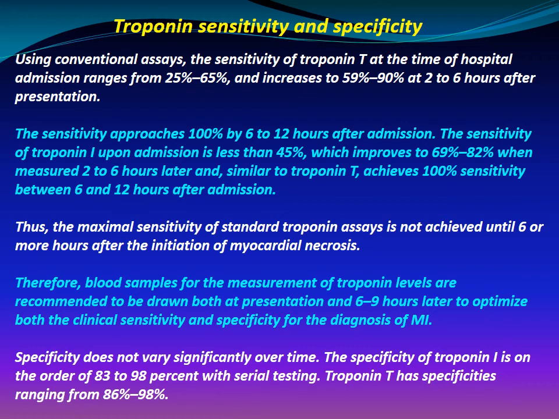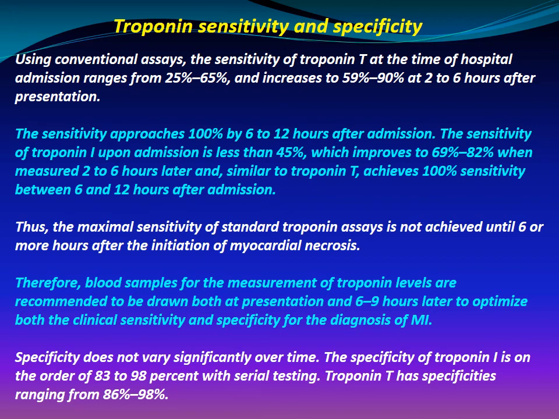Thus, the maximal sensitivity of standard troponin assays is not achieved until 6 or more hours after the initiation of myocardial necrosis. Therefore, blood samples for the measurement of troponin levels are recommended to be drawn both at presentation and 6 to 9 hours later to optimize both the clinical sensitivity and specificity for the diagnosis of myocardial infarction.